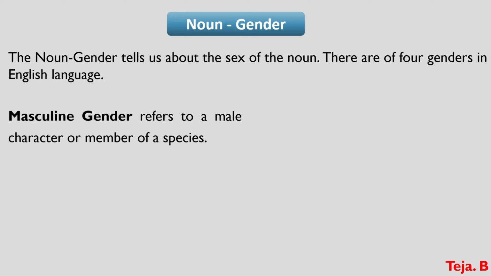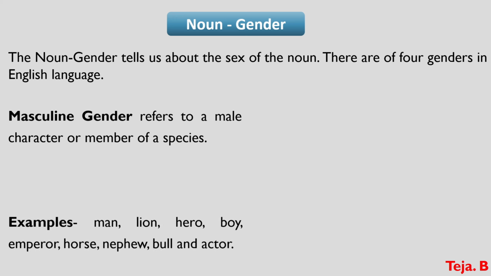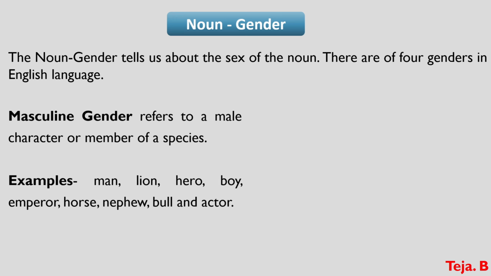Masculine gender refers to a male character or a member of a species. You all know that usually every living being is bifurcated into two, men or women. Men have certain qualities, women have certain qualities, right?